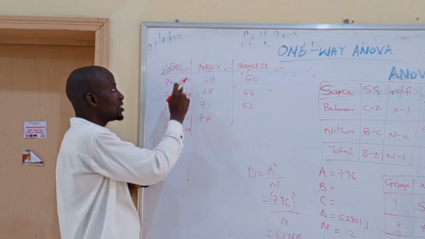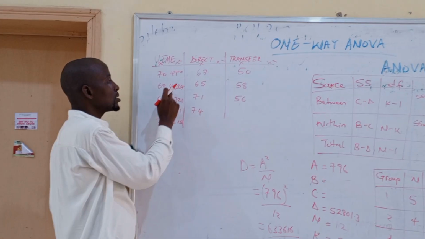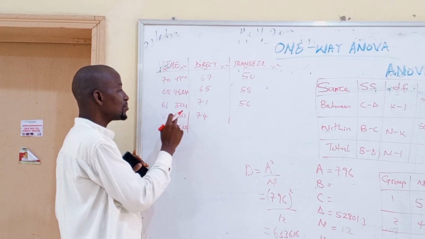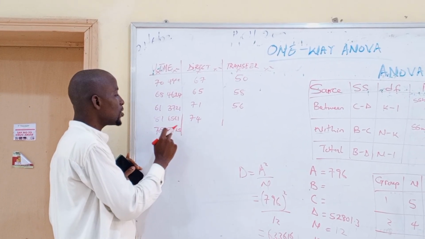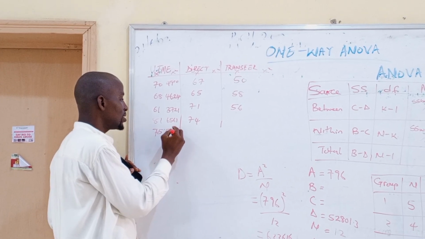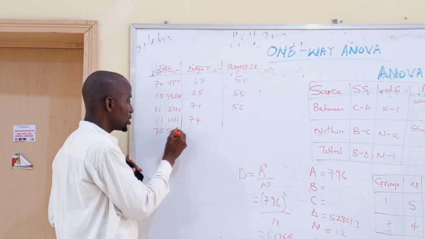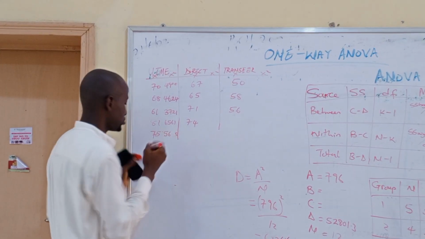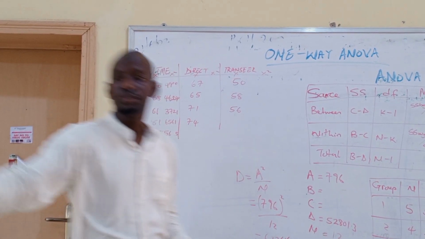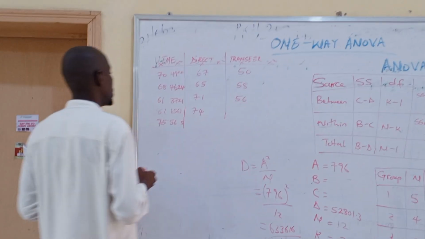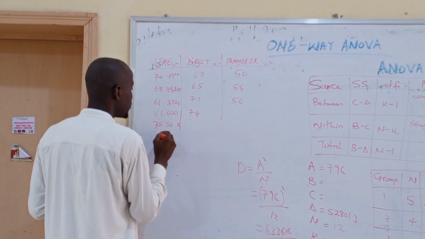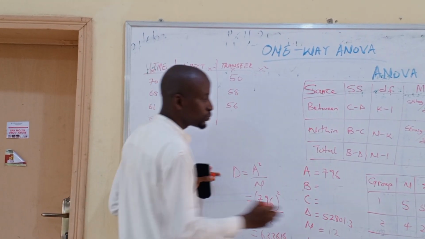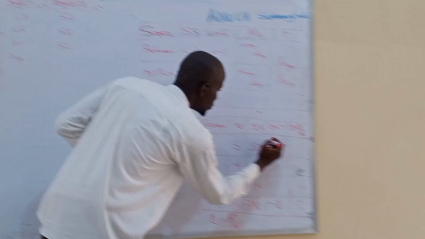So let us sum this. 4900 plus 4624 plus 3721 plus 6561 plus 5625. That will give us 25431.